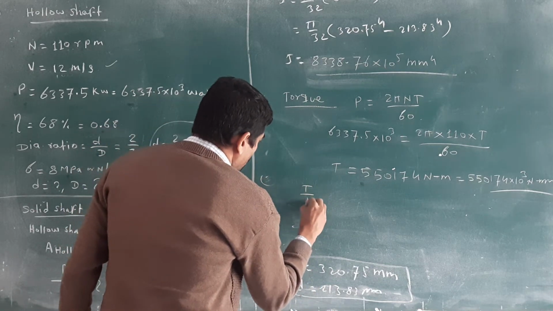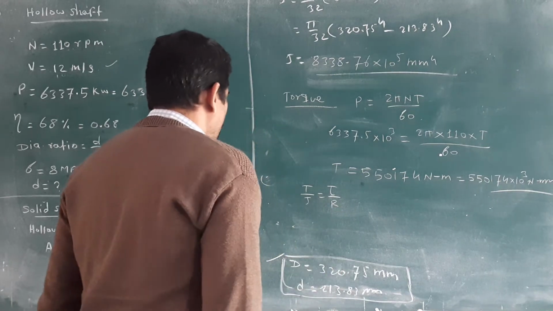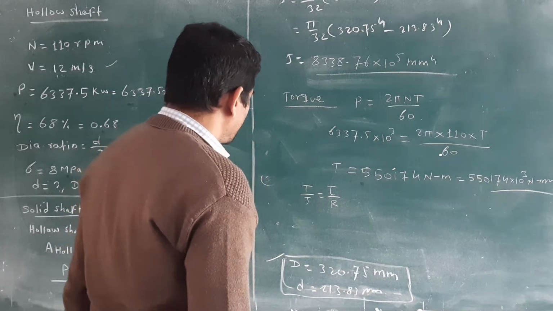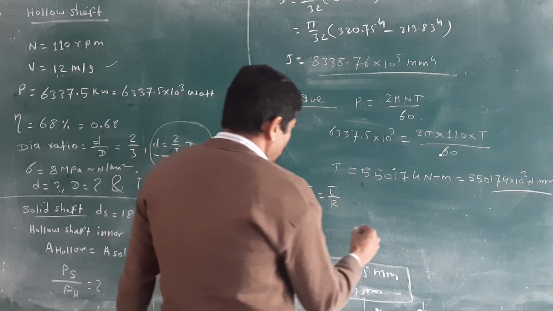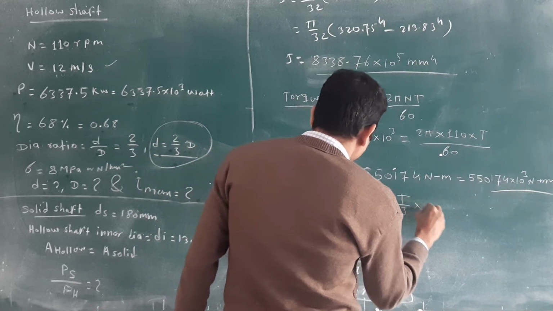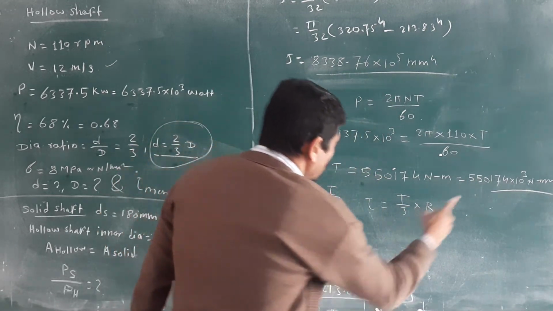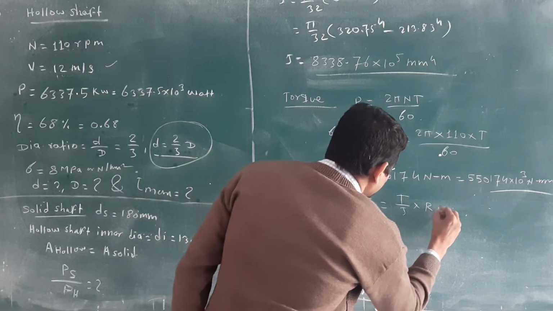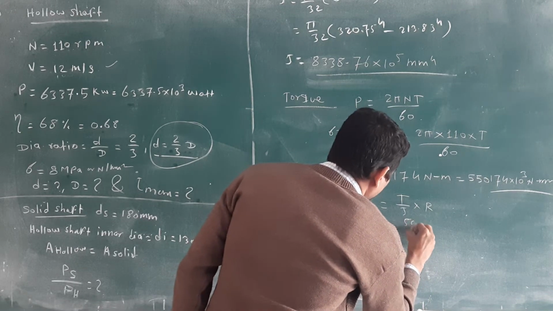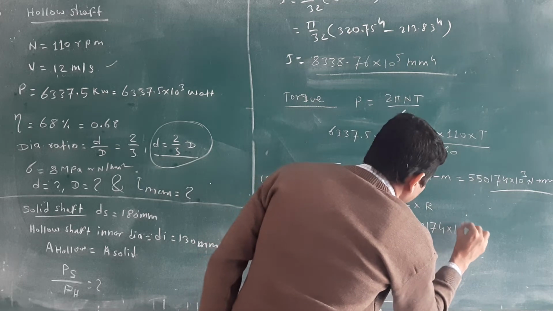Put all these values in the shear stress formula: T by J is equal to tau by R. Check which value we want to calculate. Tau value we want to calculate. Tau is equal to T by J into R. Then put the value: T is equal to 5550174 into 10 raised to 3.